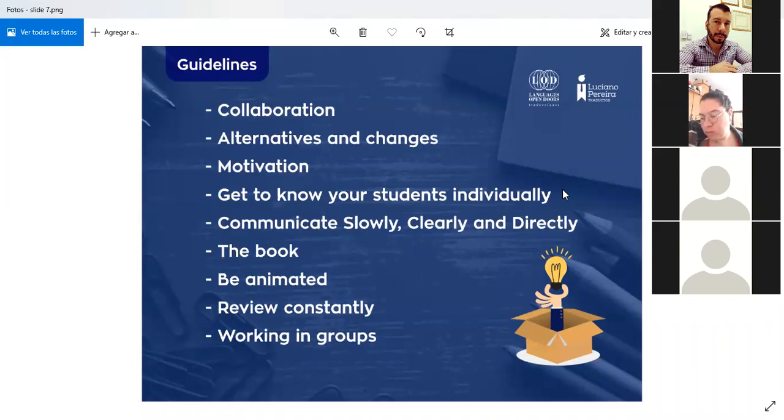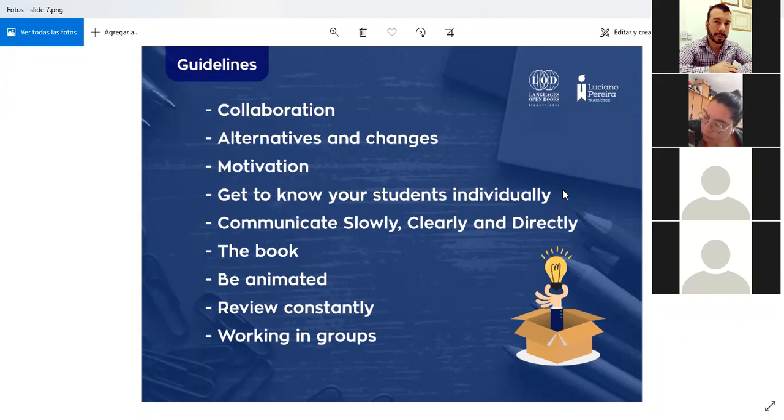Go to Google and download some articles that you can add later to your class. For example, unit 1, we're going to work with the family. Okay, so we read in the book, we have an activity. Let's go to YouTube. Check some videos of boys and girls presenting their own family.